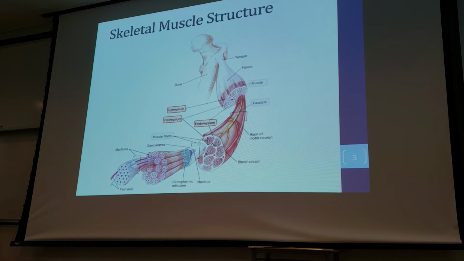So skeletal muscle attaches to your skeleton. So here's a picture of the muscle. Here's a picture of the bones. The muscles attach to the bones, and then by contracting, becoming shorter, they move the bones, allowing for movement. They don't attach straight up to the bones.